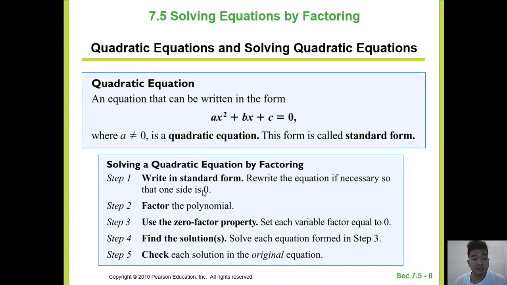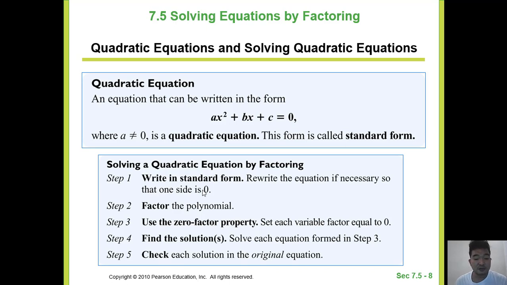Then the second step is to factor the polynomial. You will be applying the knowledge and skills that you acquired from your previous mathematics. You factor the polynomial or the quadratic equation. Then step 3 is use the zero factor property, like the example that I showed to you earlier. Set each variable factor equal to 0.